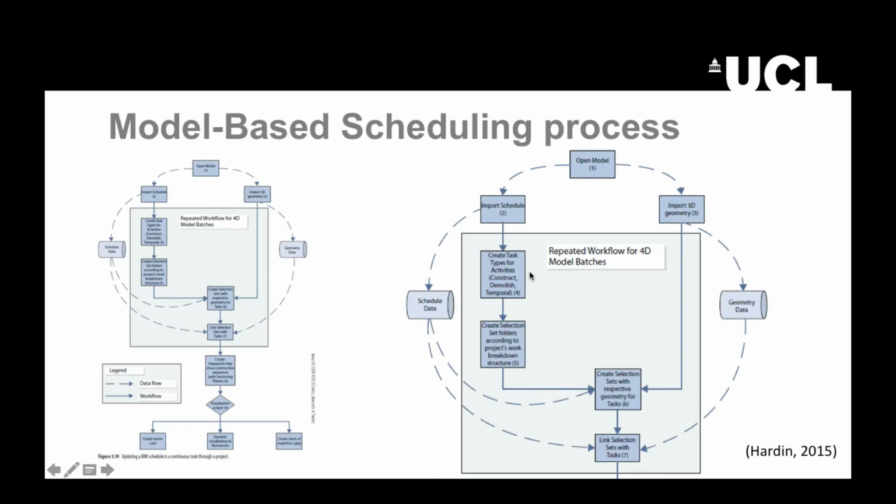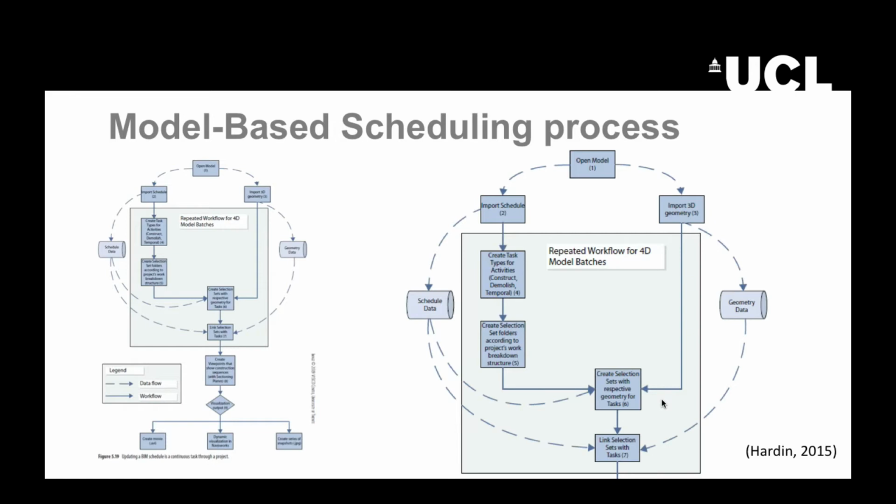In any case, we need to choose the type of activity, if this is construct, demolish, or a temporary activity, and then create selection set folders according to the project's work breakdown structure that we have developed previously. And here, maybe steps 6 and 7 are the most important ones, because we need to create the selection with respective geometry for each task.